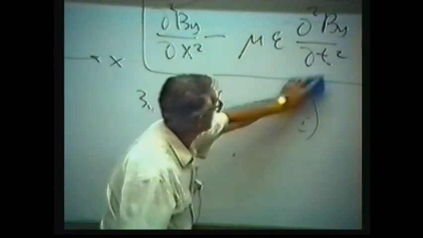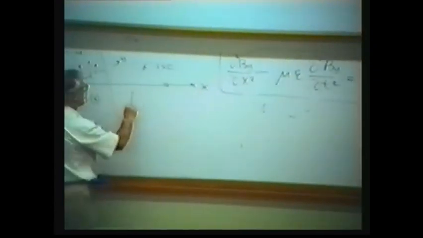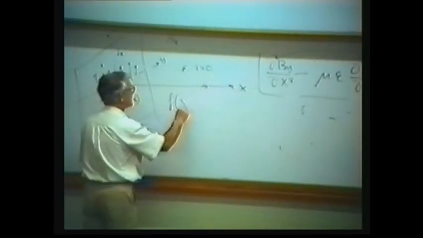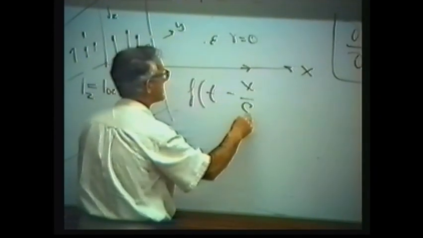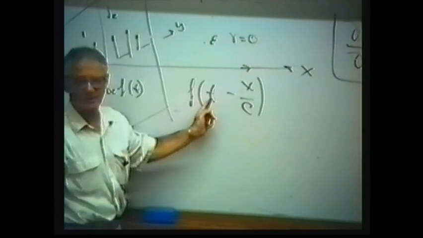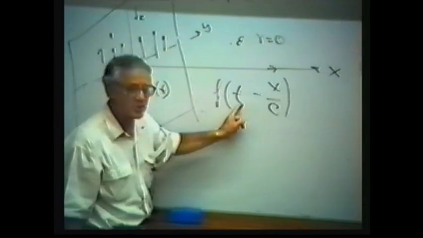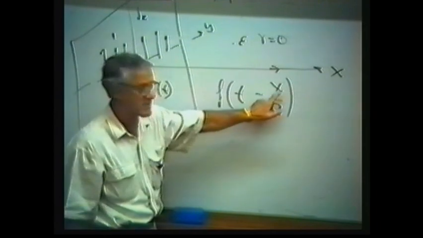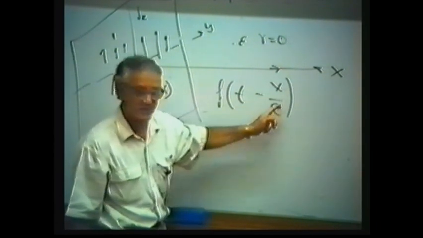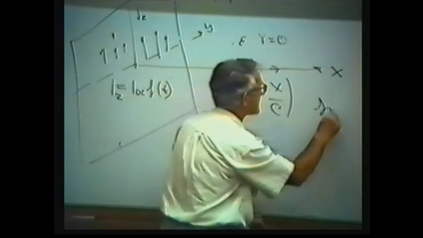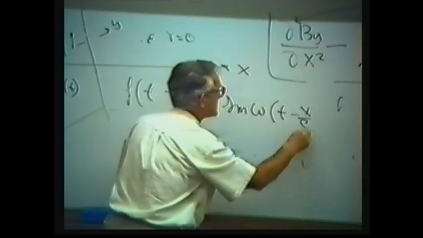Now, let us read this equation. Just a second. Let me write this function separately: t minus x over c. What is it? It is the argument of this function, a certain combination between time and x. For instance, sine of omega times t minus x over c.